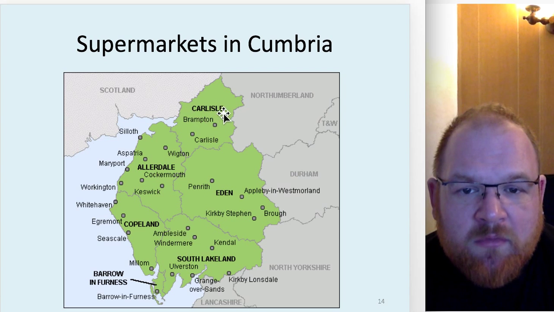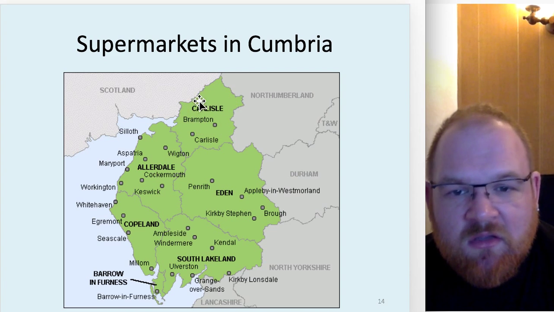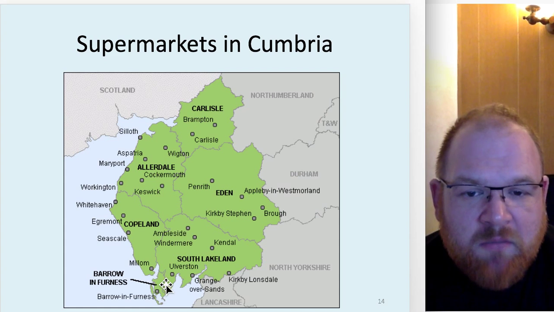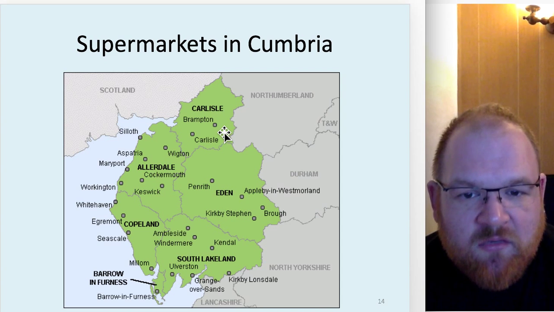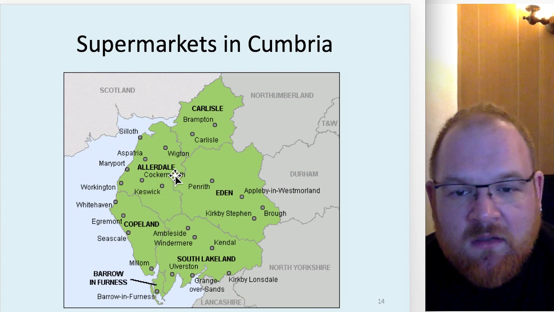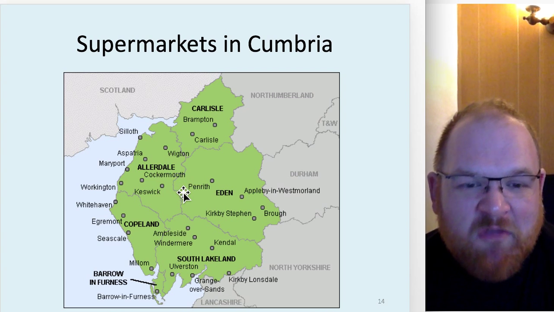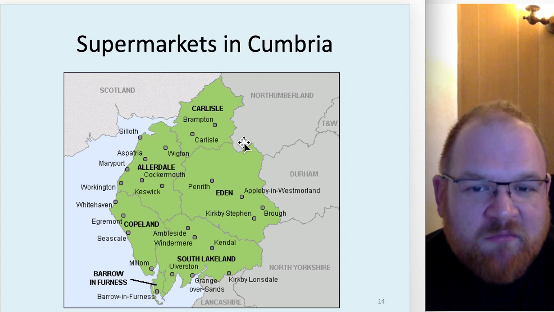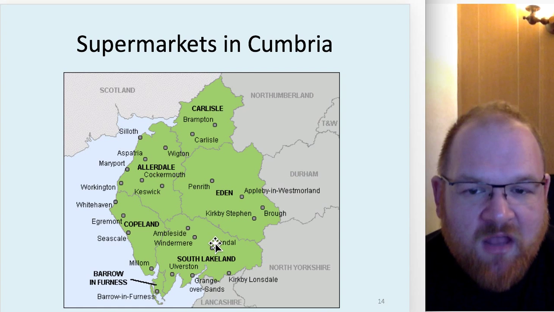Again, at the top, you have Carlisle, the major city within the county. You have all the large retail outlets as well, but people from Barrow wouldn't travel to Carlisle in order to experience the retail. They're much more likely to go to Lancaster. Actually, people from Barrow don't really like going anywhere, but certainly people from Ulverston go to Lancaster rather than to Carlisle.